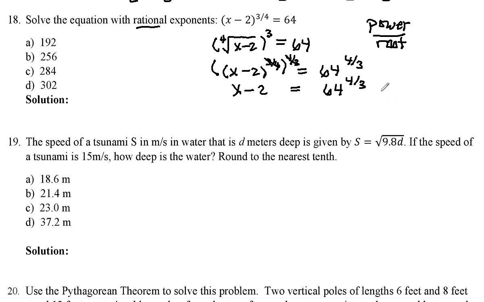And so that is the cube root of 64, because the bottom number is the root you take, and then 4th power. And the cube root of 64 is 4, and then the 4th power of 4 is 256.